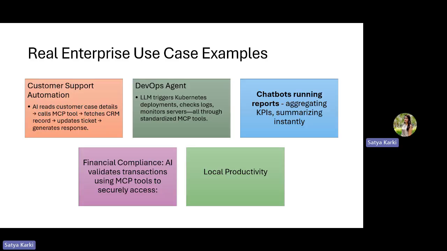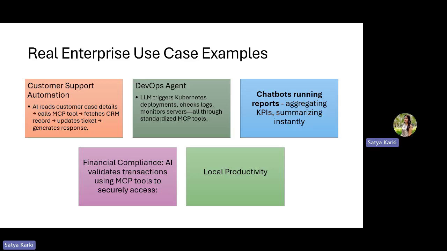So now let's come to the use cases of the MCP, where we can use the MCP. We can use the MCP in customer support automation, where the AI reads the customer case details and calls the MCP. The AI application calls the MCP tools, and MCP tools fetch the CRM records or the backends, update the tickets, and generate the responses.